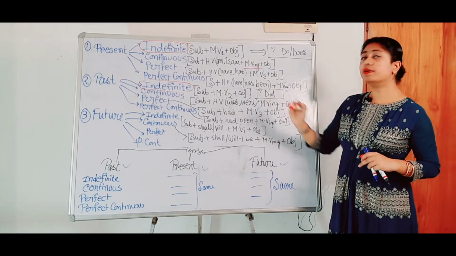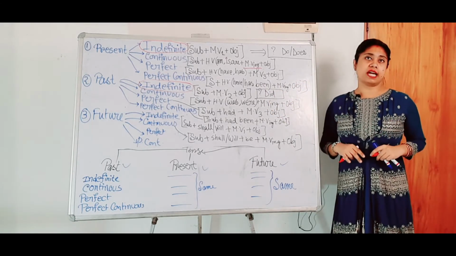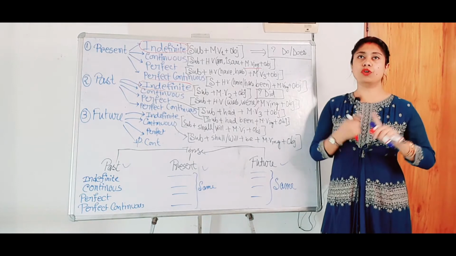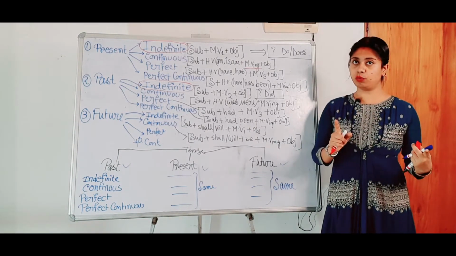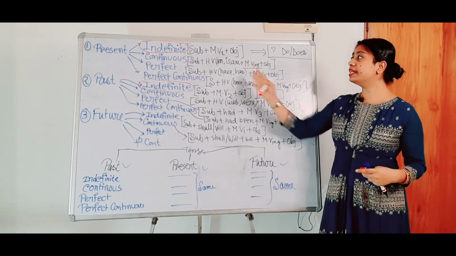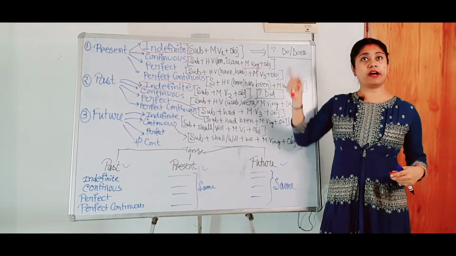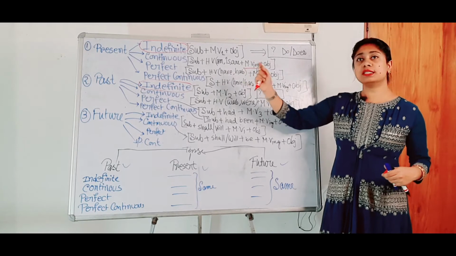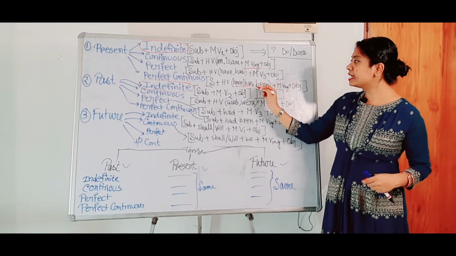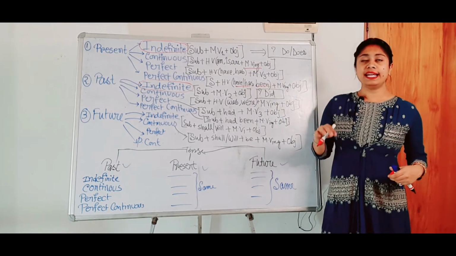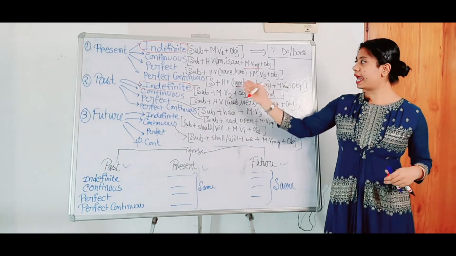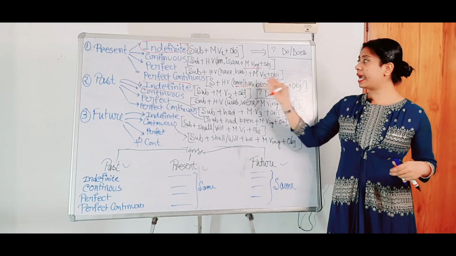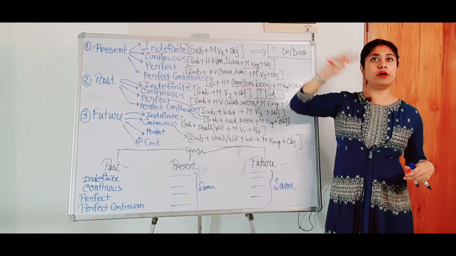And perfect continuous, just try and understand, this word is called perfect continuous. So in perfect, what is the rule? Have, has, and after that main verb third form. See, perfect continuous, first two, have, has and been. Doesn't it look like the perfect tense? Have, has, auxiliary or helping, and been means the third form of be verb.